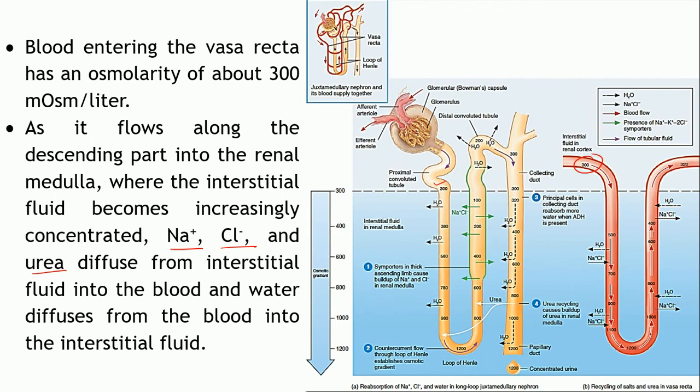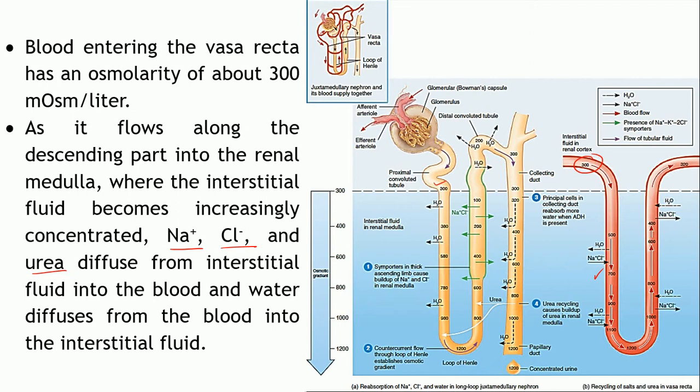Remember this, the osmotic gradient is being maintained by the countercurrent multiplication, as we have seen just now. So because of this osmotic gradient, as the blood is flowing along this descending part of the vasa recta, it is entering into the area where the osmolarity is very high. So the concentration of these ions is very high in this region, the interstitial region.